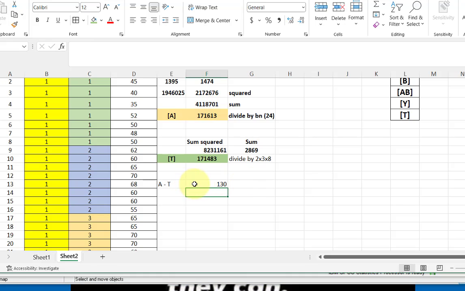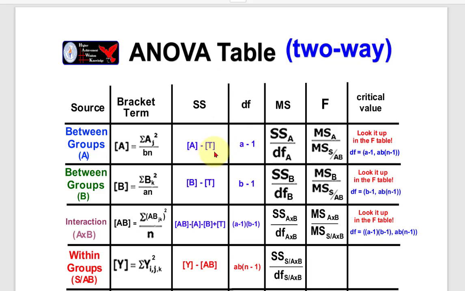All right, that is our bracket term, but that's not our degrees of freedom or anything. So hold on. No place values. Don't need them out to 10 million. Thank you very much. Okay, so a minus t, that's that number.